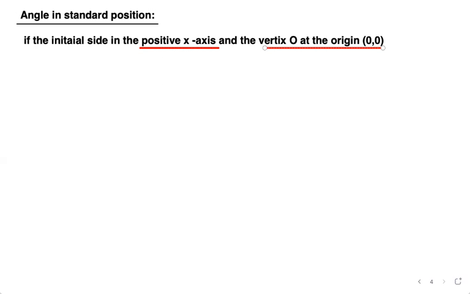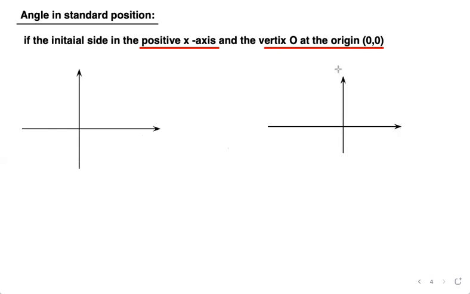Okay, so here I have some examples of angles in the standard position. Suppose this is my positive x-axis, and this is my y-axis. I have 4 examples to show you the angles in the standard position.